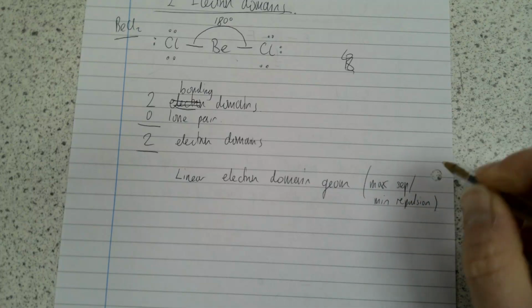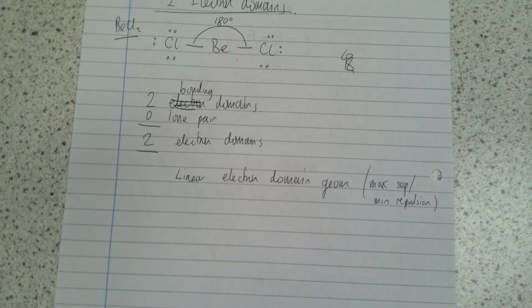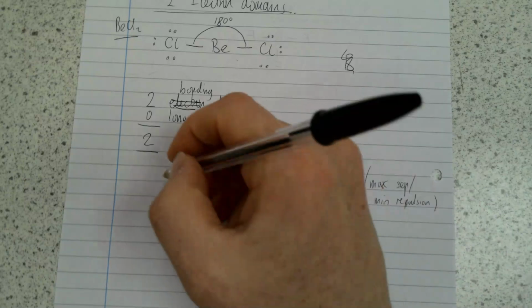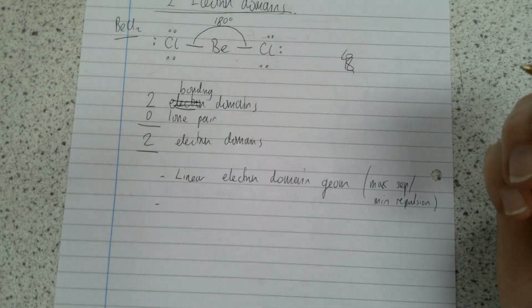One of those 2 things. Either they get to positions of maximum separation, as far away from each other as they can, just like my arms either side of my body right now, or minimum repulsion, so they're not repelling each other because they're miles away from each other. So they go in this linear electron geometry, and the molecular geometry, because there are no lone pairs, is exactly the same.